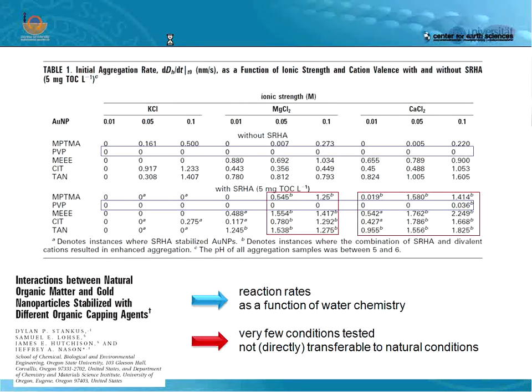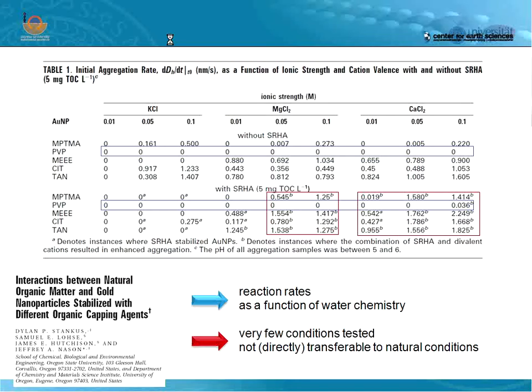This was also found by Stankus et al. just recently, that when we have specifically coated gold particles, with PVP, citrate, tannic acid here, and we are looking at the influence of Savannah River humic acid in that case, only at 5 milligram per liter TOC, we are even in these cases seeing an increase of the aggregation rate.